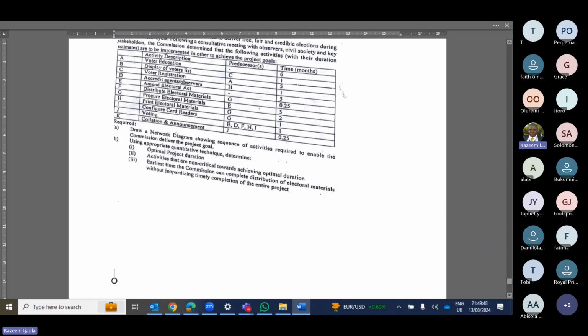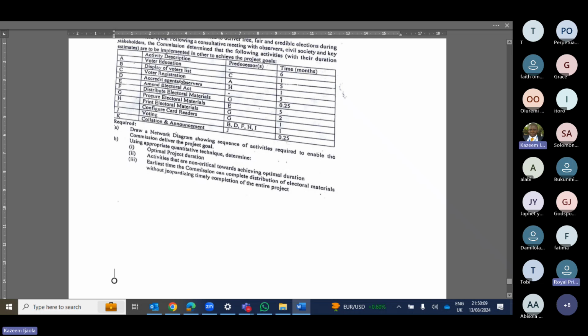Okay, so let's draw this one. Like I was explaining, where you should watch out for are those activities that join. You must look for every possible means to make sure that you join activity B, D, F, H, I together.